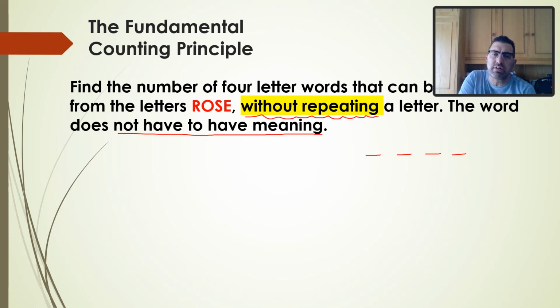So if I put the R here, there's 4 letters, so I have a choice of 4 letters there. I'm not repeating. If I were allowed to repeat, then I have 4 choices here, 4 choices here, 4 choices there. So for the second one, 1 letter is removed, so there'll be 3 choices.